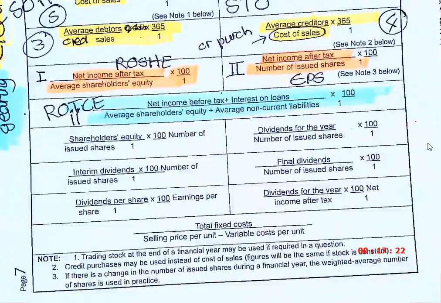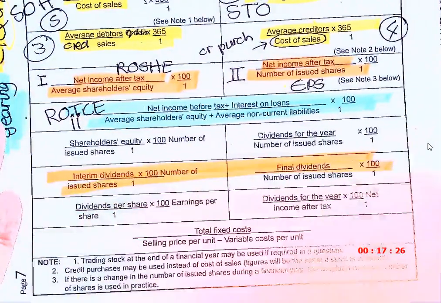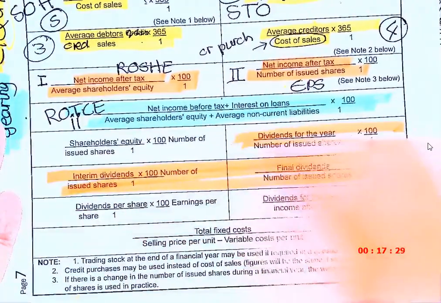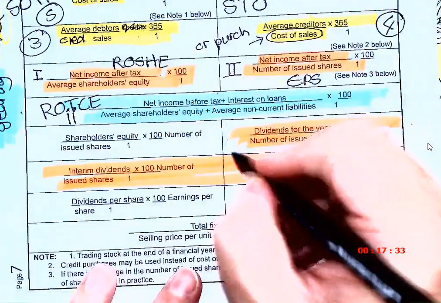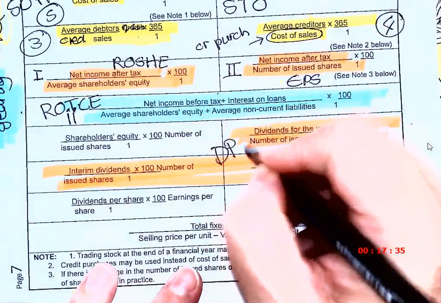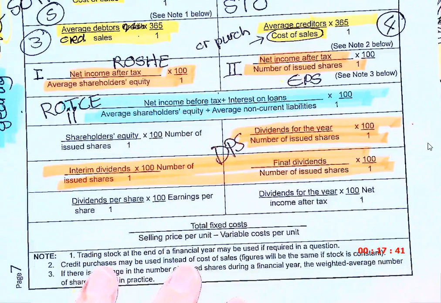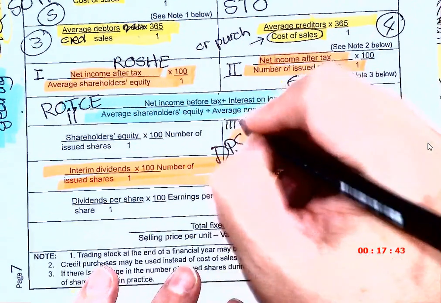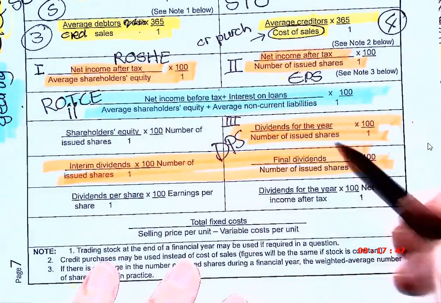And the third one is this one here. Can you see again? They are not in the same space. And they give you 3 here. This is your DPS. So why 3 for dividends per share? So this is number 3. Dividends per share.